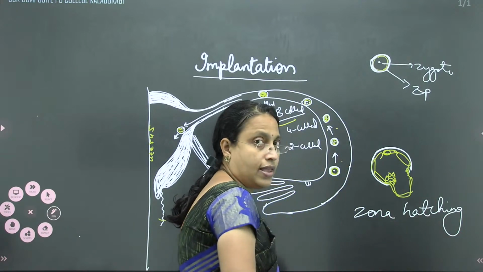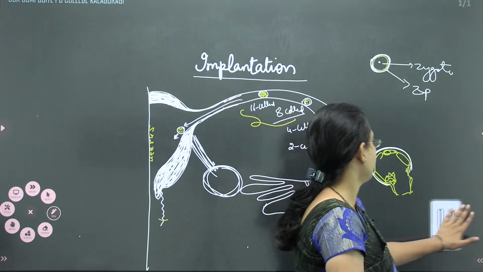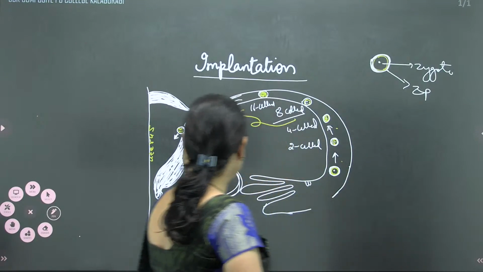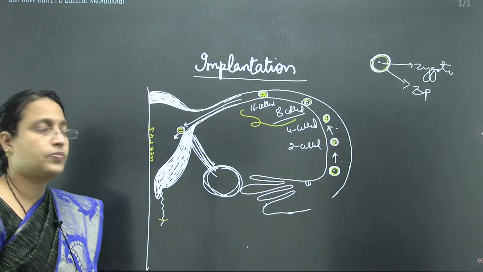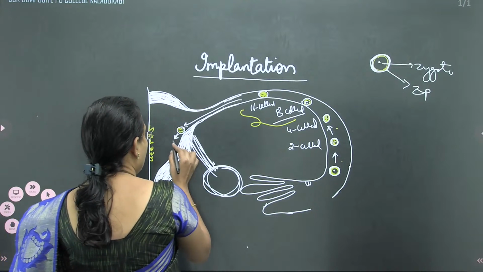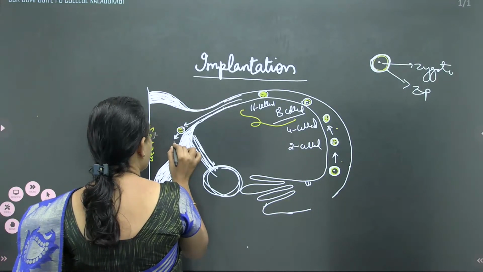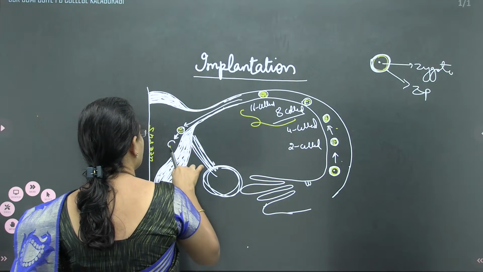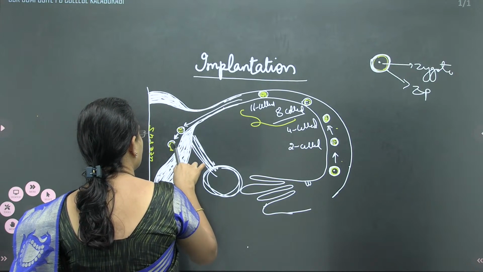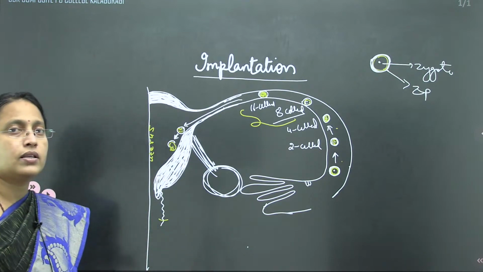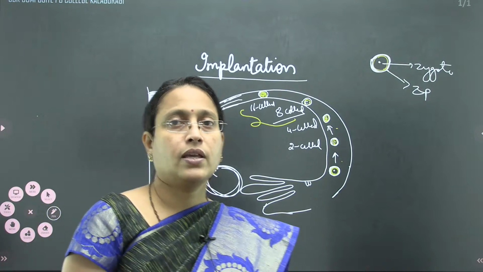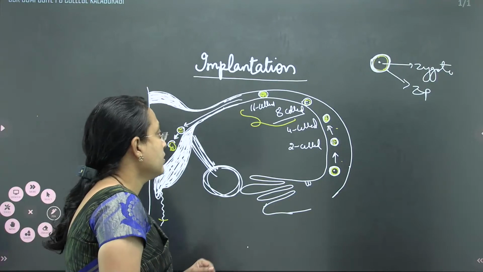Therefore zona hatching occurs in the uterus. Now the blastocyst comes out of zona pellucida. That phenomenon is called what? Zona hatching.